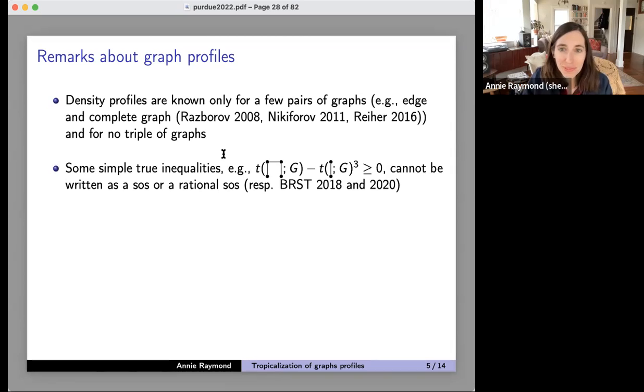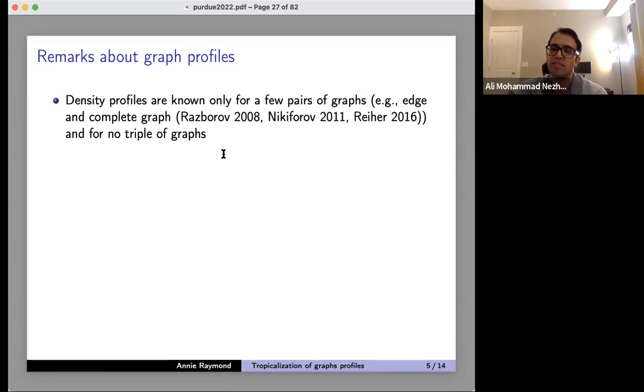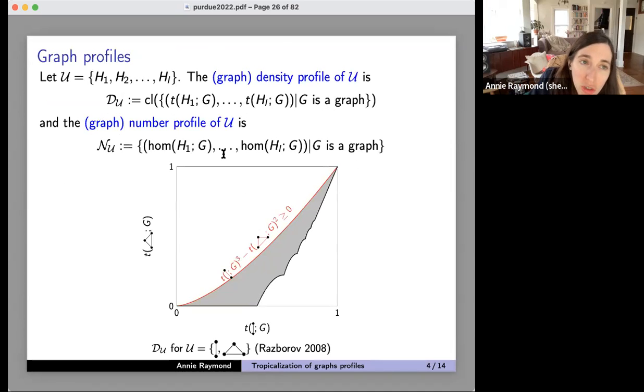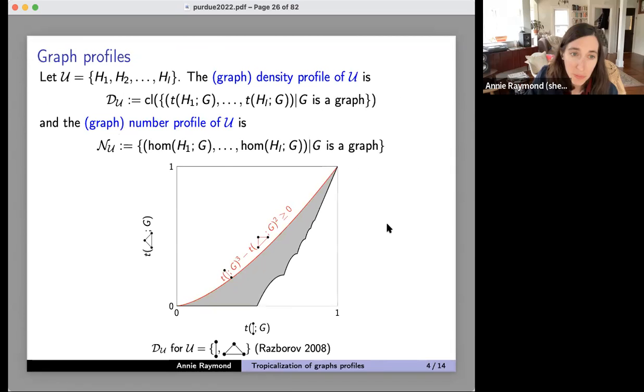Is that semi-algebraic? Sorry, say that again, Ali? Is that a semi-algebraic set? Do we have a proof for that? So we don't actually know how bad things get. In this case it is, but it doesn't have to be semi-algebraic. In a certain way here, you have countably many inequalities, so no. But all the inequalities are polynomial inequalities.